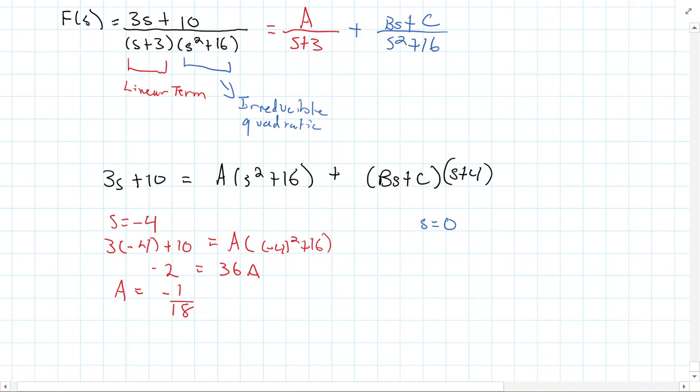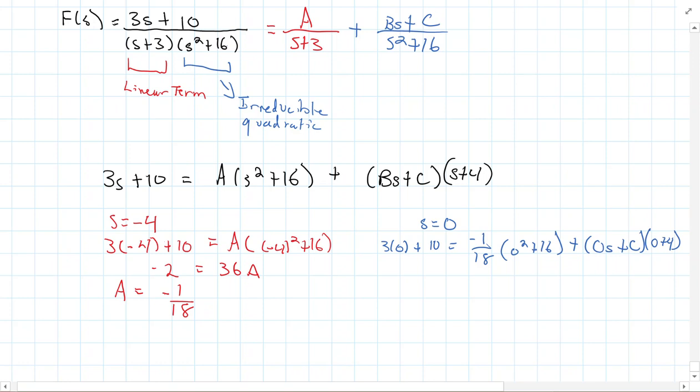So if I pick that, I'd have 3 times 0 plus 10 is equal to, well, A is negative 1 over 18, times (0 squared plus 16), plus (0 times s plus C) times (0 plus 4).